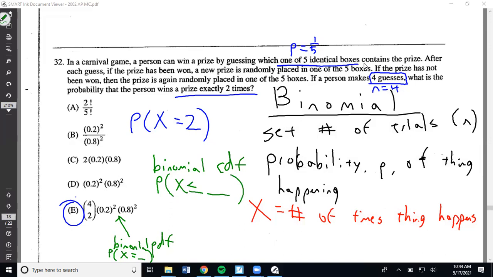So everything at that level or less is what binomial CDF is. Sometimes we're finding the probability that it happens exactly that number of times. But if we're trying to find the probability that it happens a range of values of times, that's CDF. And it will always give you the less than or equal to. So if I wanted the probability of greater than 2, then I would take the less than or equal to 2 and then take 1 minus it.